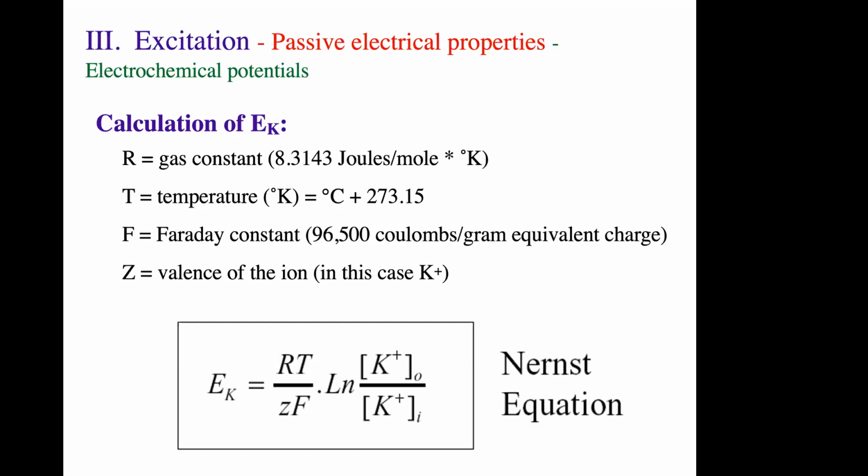When we get to the Goldman equation in a moment, you'll see that it's set up to include potassium, sodium, and chloride. So you can add them all in here. You just add them all together, plus sodium plus potassium plus chloride after the potassium here. But I'll show you how that's done in the Goldman equation when we get to that.